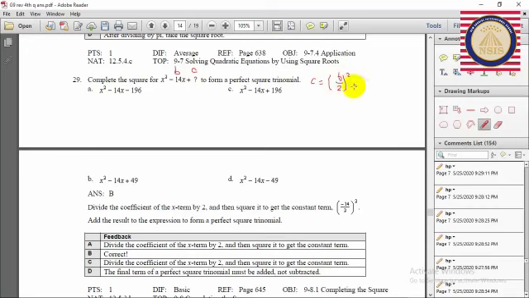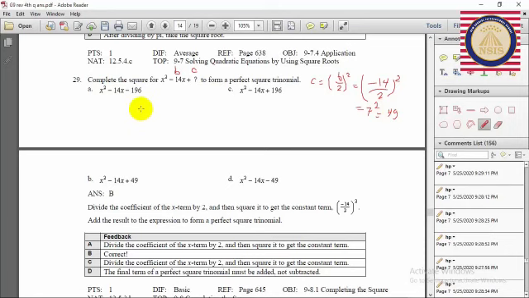So it's equal what? What is the B here? Negative 14. Very good. Negative 14 over 2, half the negative 14, all power 2. So it will be 7 power 2, which equals 49. Okay? Very good.